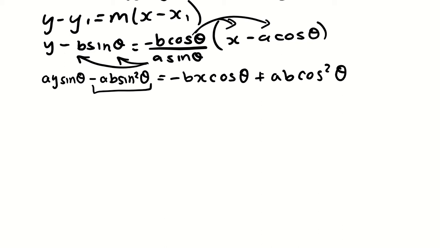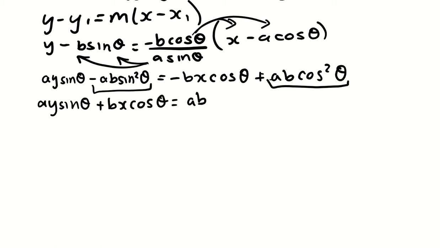Get all my squares on one side. I'm going to have ay sine theta plus bx cos theta is equal to ab, and do this in one step again, factorise it out, cos squared theta plus sine squared theta.